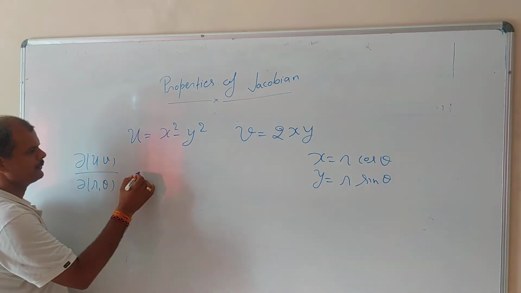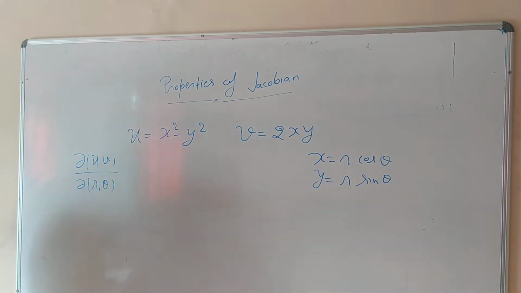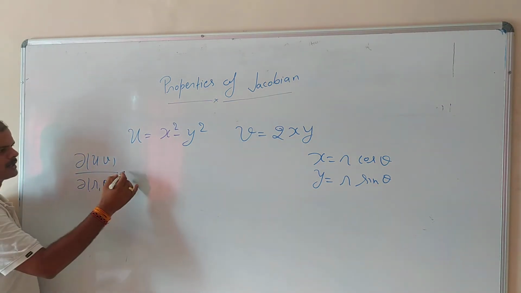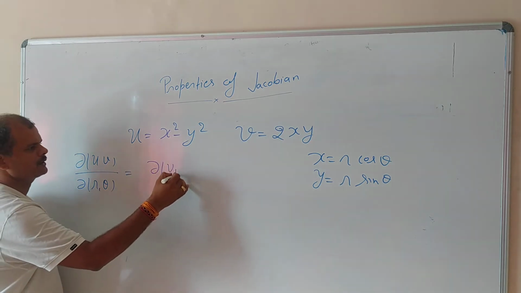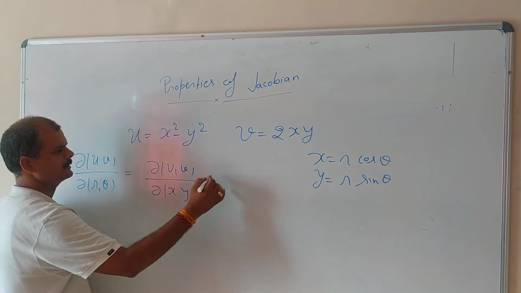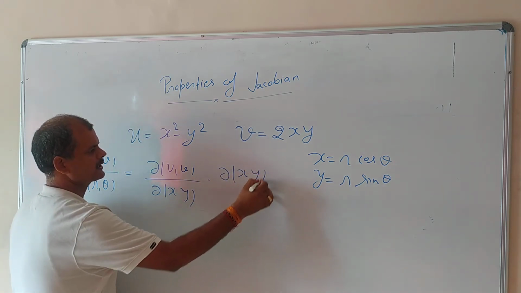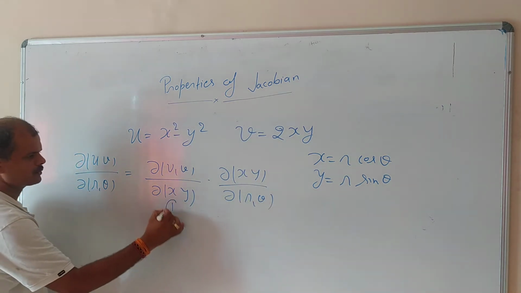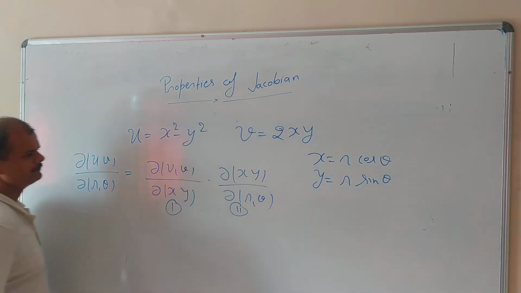So what we do, we'll use the second property of Jacobian: Jacobian of u, v with respect to r comma theta will be Jacobian of u, v with respect to x, y and Jacobian of x, y with respect to r comma theta. So this is the first Jacobian. I'll just put the name.